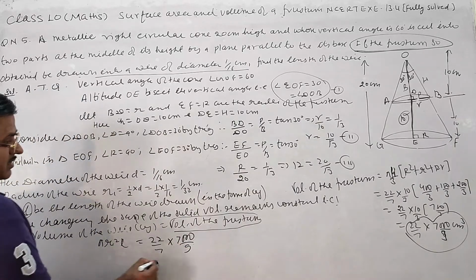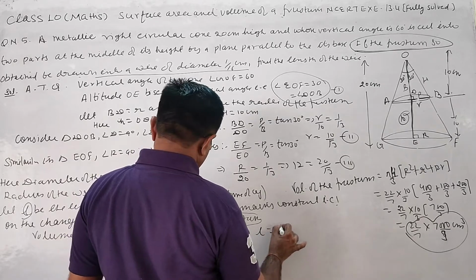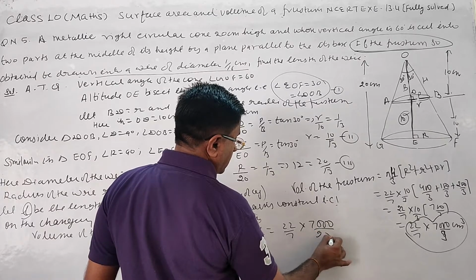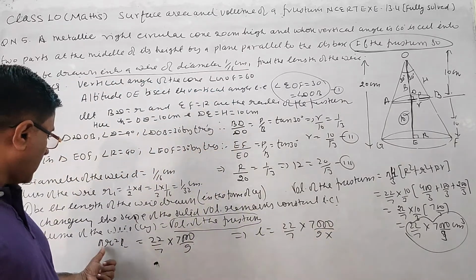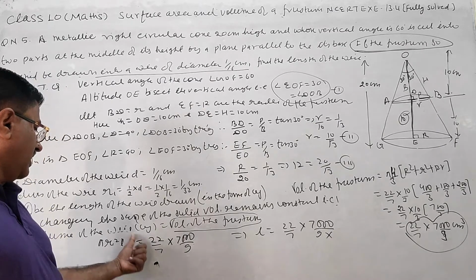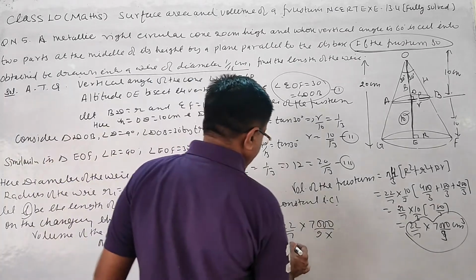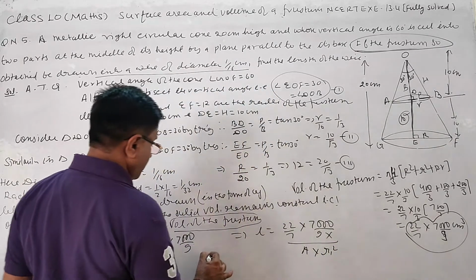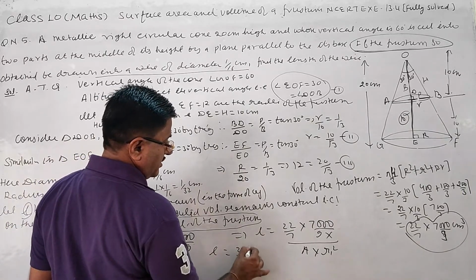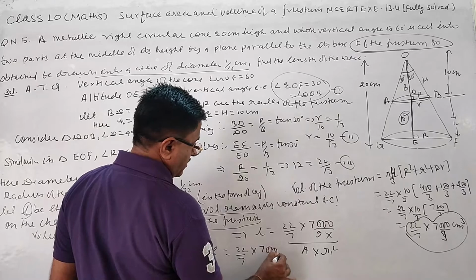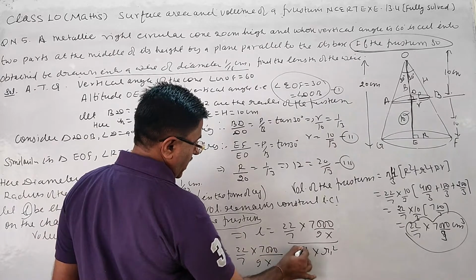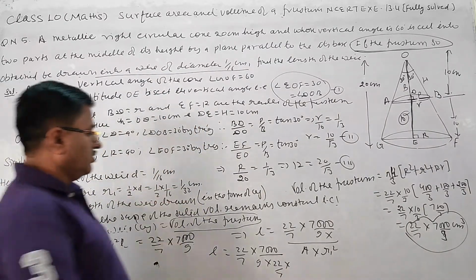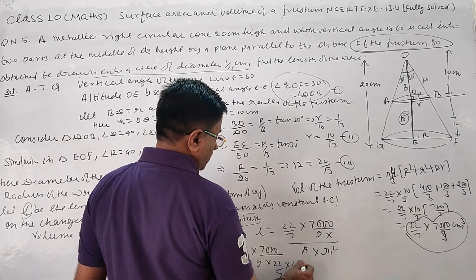So we need L. Cross multiply: L equals 22 by 7 into 7000 by 9, and pi and r square transfer to the denominator where we need L. So L equals 22 by 7 into 7000 by 9 divided by pi, that is again 22 by 7, into r1 square, radius 1 by 32, 1 by 32 into 1 by 32.